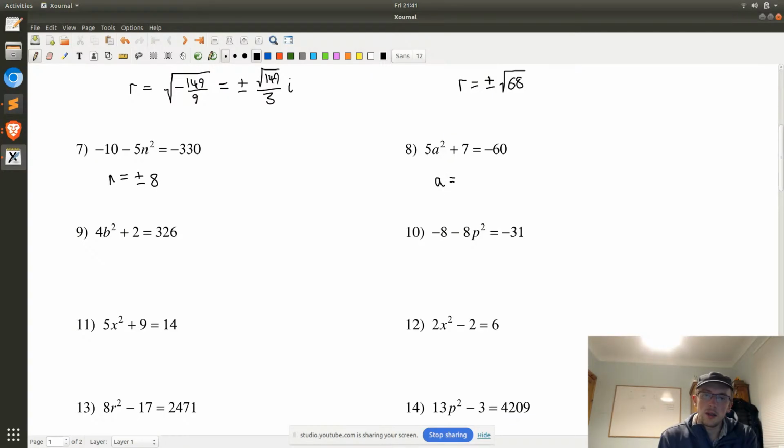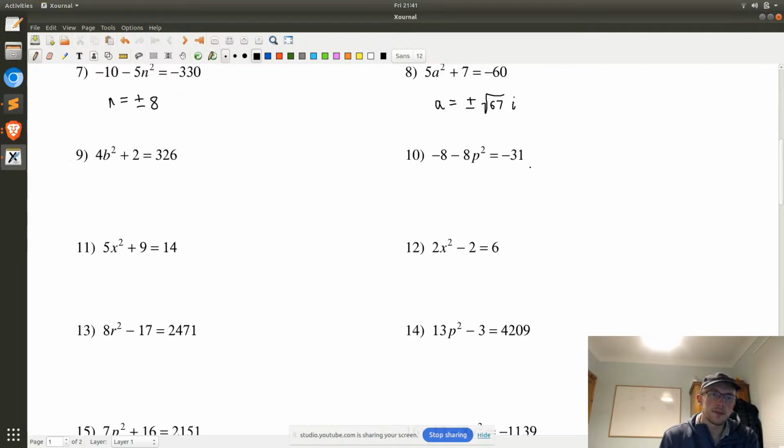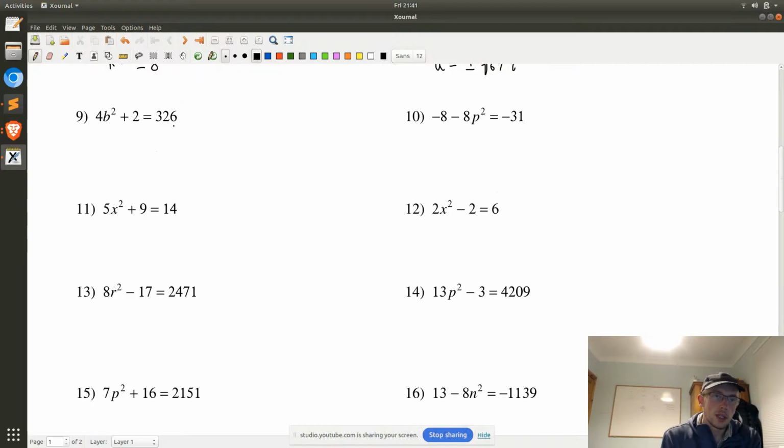So A equals plus or minus root 67i. 324. Divide that by 4. Get 81. B is plus or minus 9.